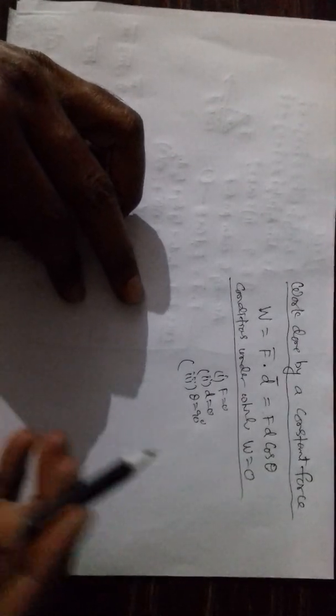We can have some examples. For example, let us take an example for F is equal to 0. See, this is the floor. On the floor, you are moving a block, applying some force. Suppose this is a smooth plane.